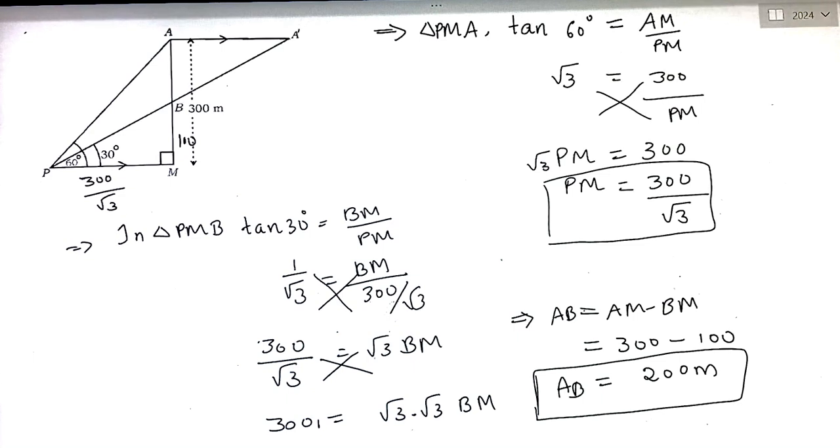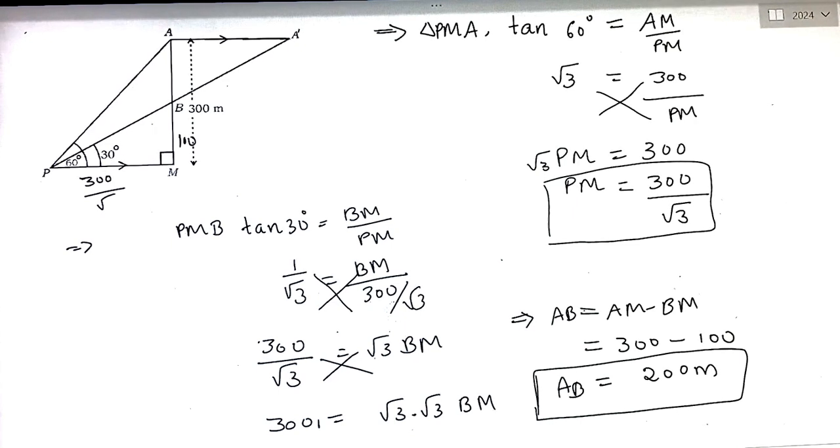To find A dash B, which triangle are we taking? A, B and A dash triangle. Now if you see this, angle BPM is how much? 30 degrees.